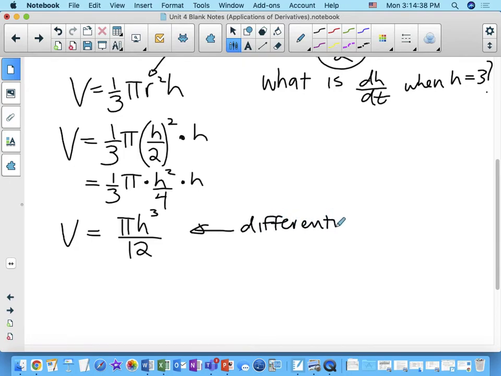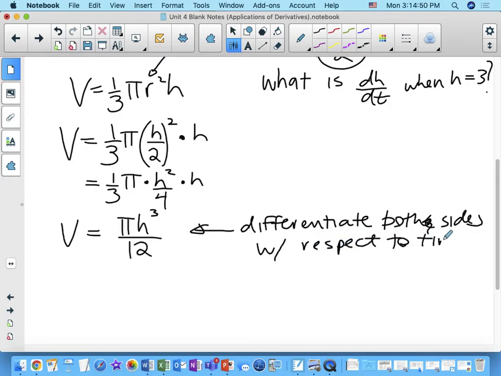differentiate both sides with respect to t, to time. So this is step 3.